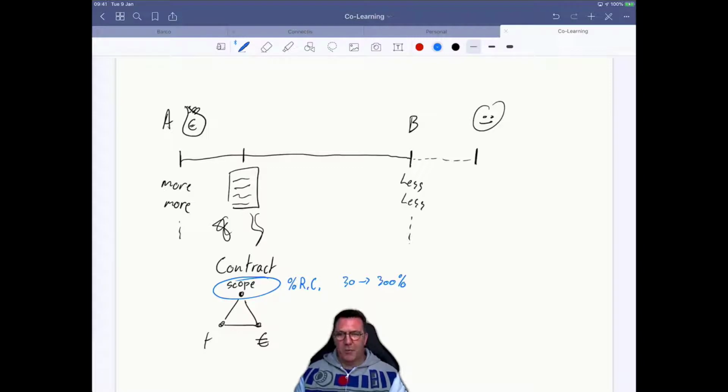Then the second post-it that I ask people to write is related to time and money. There I ask, what is the percentage difference of the actual versus the estimated?